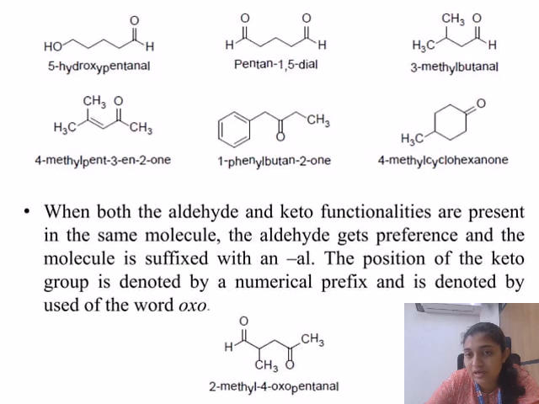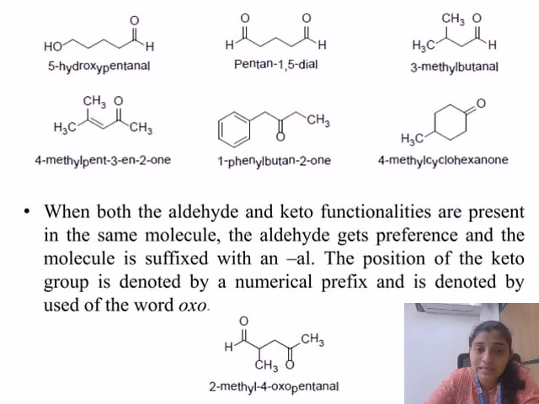So we can write 3-methyl on the third position, as well as 4 carbon chain butane, and al represents the CHO group. So we can write 3-methylbutanal. These are all structures we are just using to understand aldehyde nomenclature.